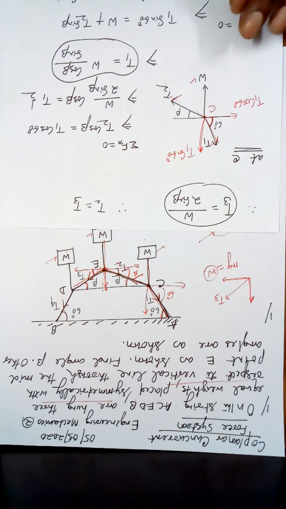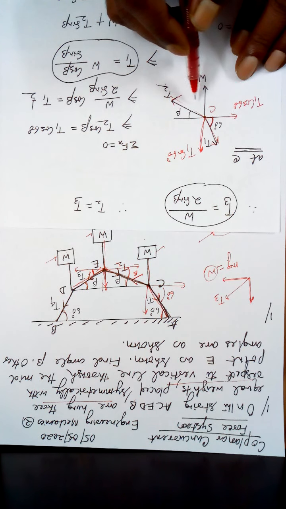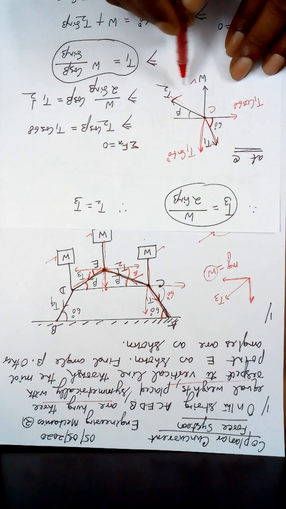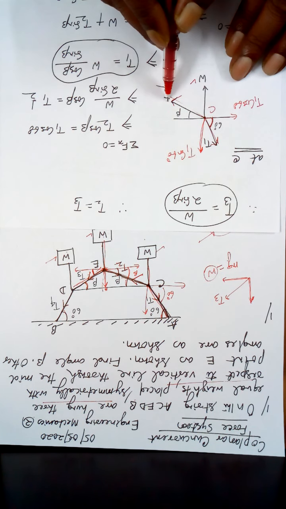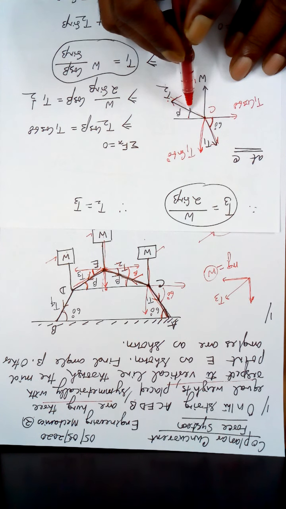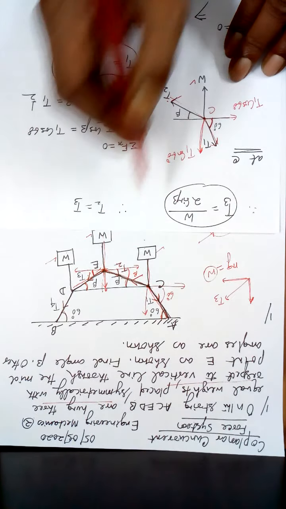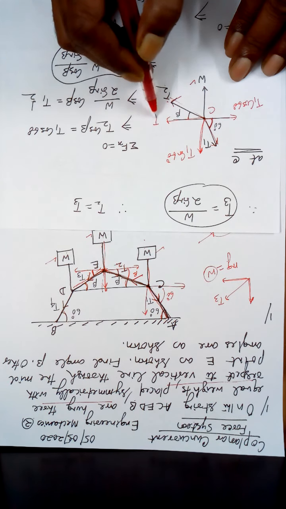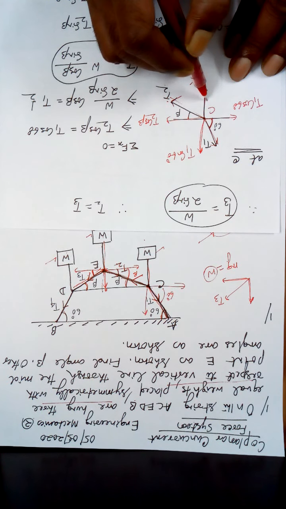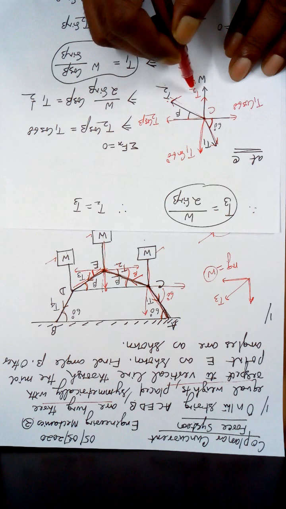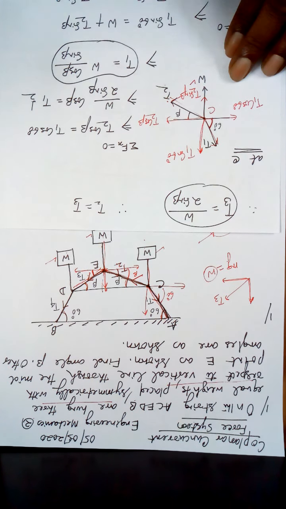Fine. Now again, this is your T2, this is your beta. So this will be equal to your T2 cos beta, and to this side it will be equal to your T2 sin beta.